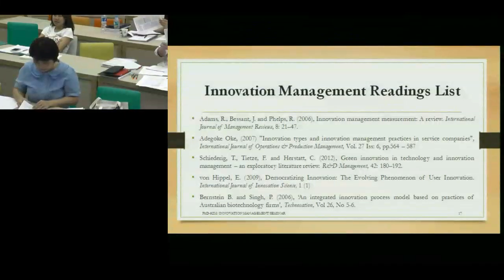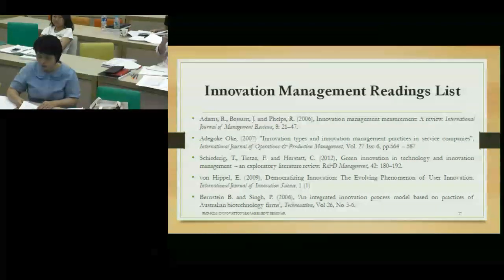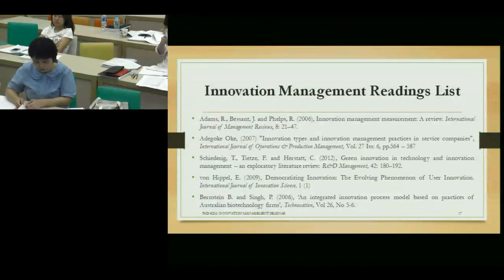Okay, and the last paper basically talks about process innovation. Okay, and relating to cooperation over innovation with suppliers. They also talk about radical innovation. They also talk about cluster effects.